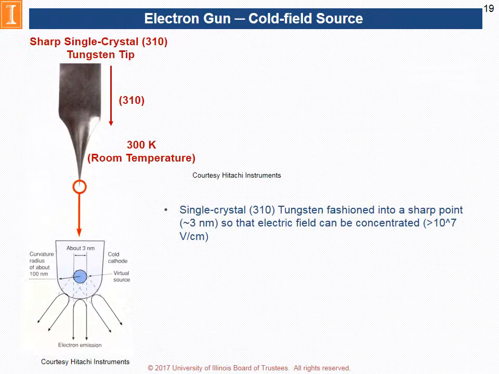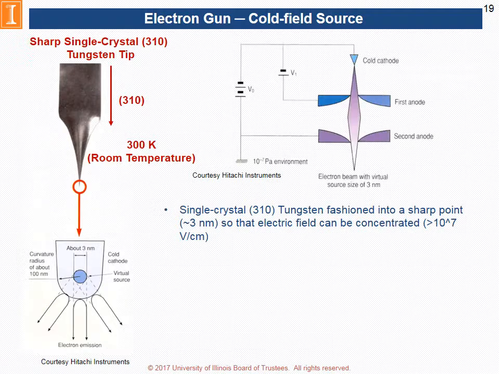Single crystal tungsten is used in the case of a cold field gun. Along the 310 direction, it is shaped into a sharp point so that the electrostatic field applied can be concentrated. The construction of a cold field gun. There are two anodes here.